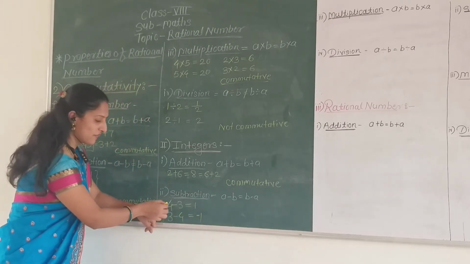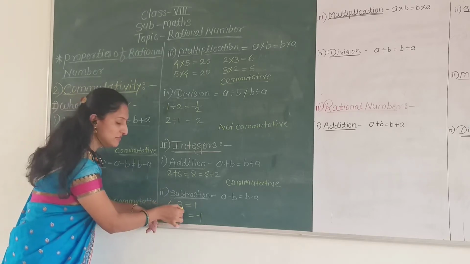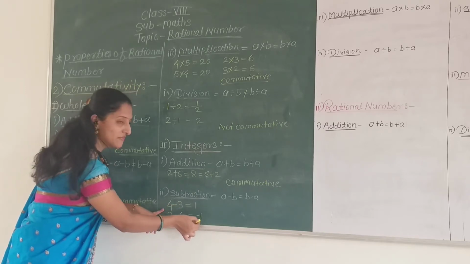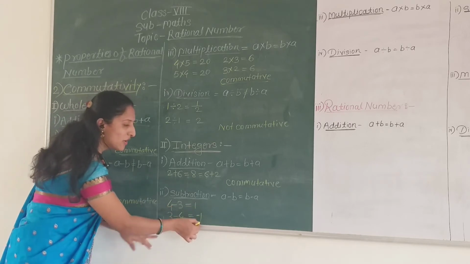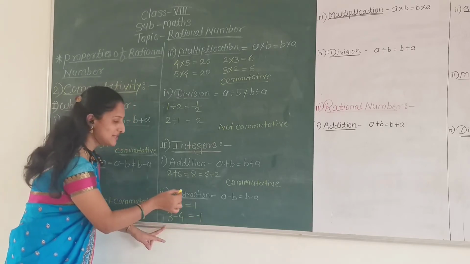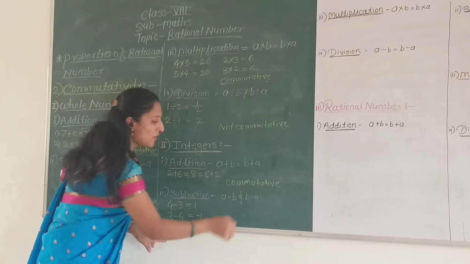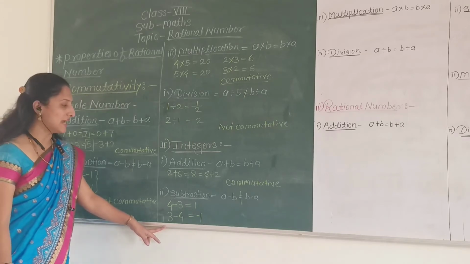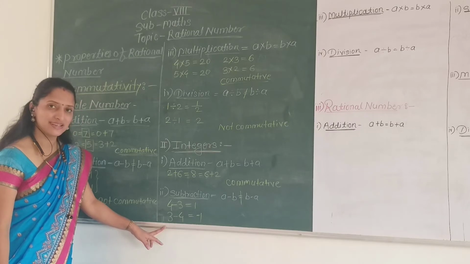That means 4 and 3 both are integer numbers, but 4 minus 3 is equal to 1 and 3 minus 4 is equal to negative 1. So answers are not same. So that means here we get a minus b is not equal to b minus a. Okay, that means what is the result of this?